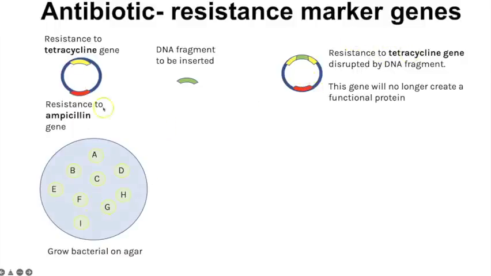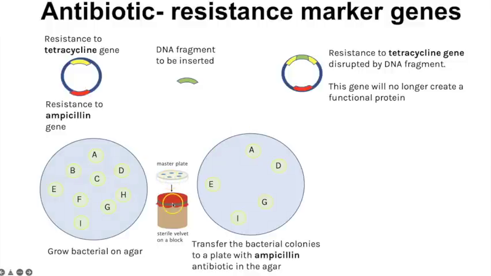So we then grow the bacteria on agar, and we can see these different colonies have grown. We then transfer a copy of those colonies in the exact position using this velvet block. So you basically stamp it on top of your agar plate, and then you place that on top of a new agar plate, and this time it's an agar plate with the antibiotic ampicillin dissolved within it.